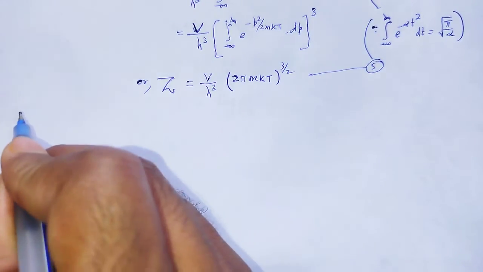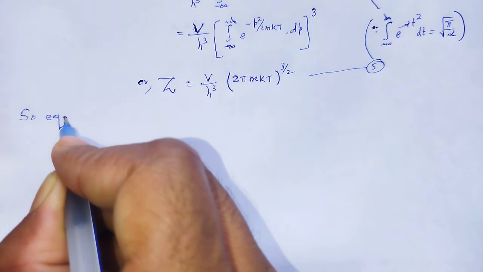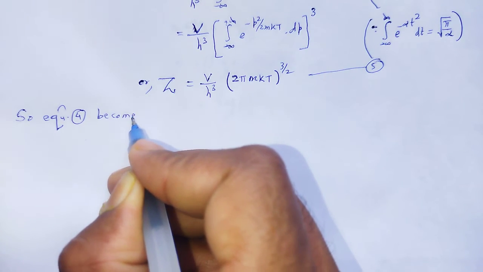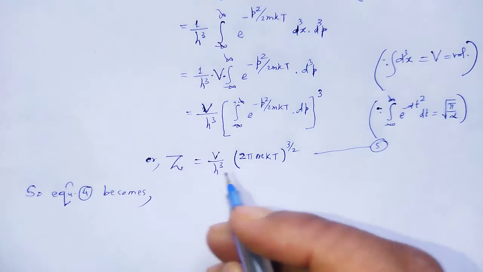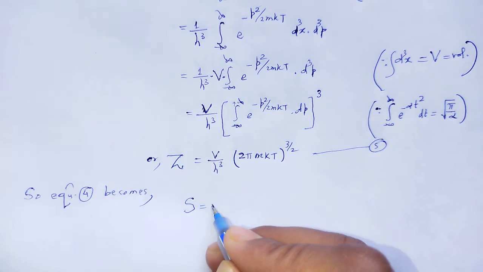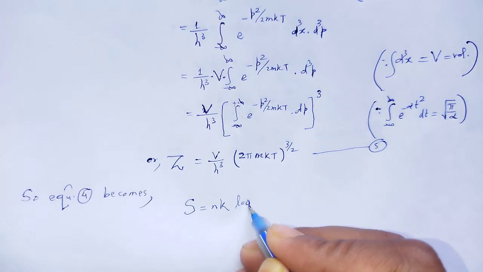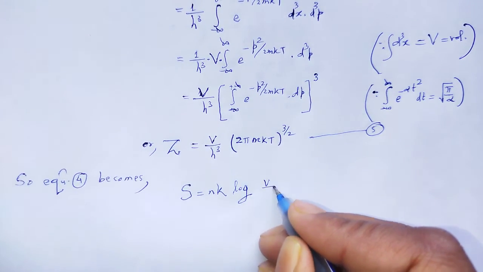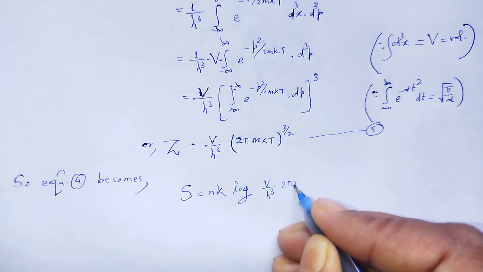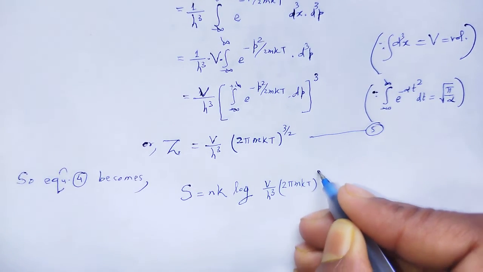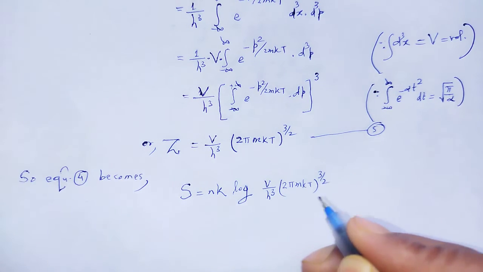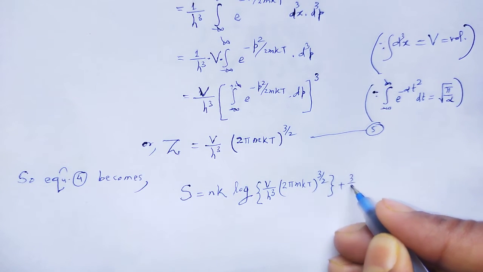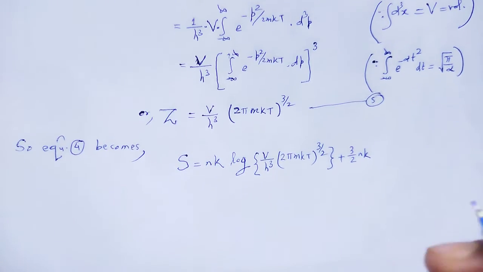So equation number 4 becomes entropy S is equal to Nk log the value of Z as V by h cube 2 pi m kT to the power 3 by 2 plus 3 by 2 Nk.